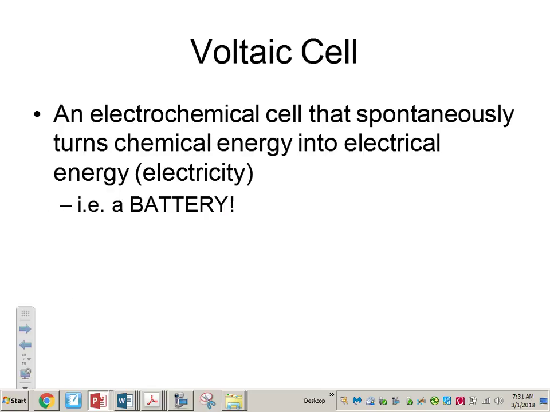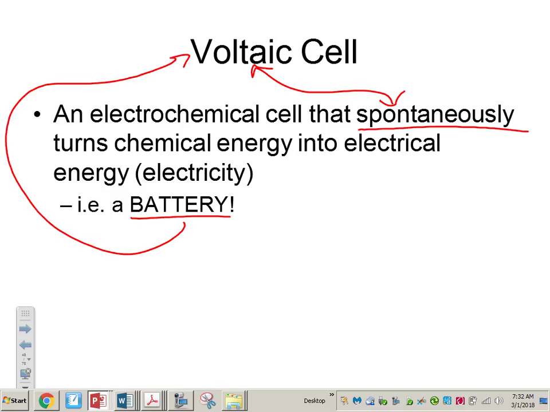A voltaic cell. This is the spontaneous type. That is what it is called. It's an electrochemical cell that spontaneously, and we really want to associate those words with one another, turns chemical energy into electrical energy, i.e. electricity. Batteries are all examples of voltaic cells because they happen on their own.